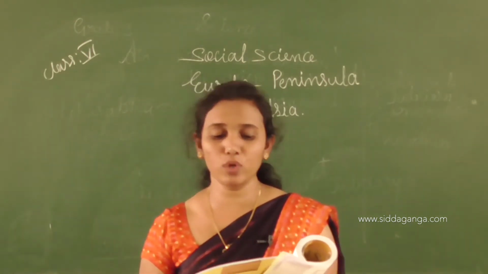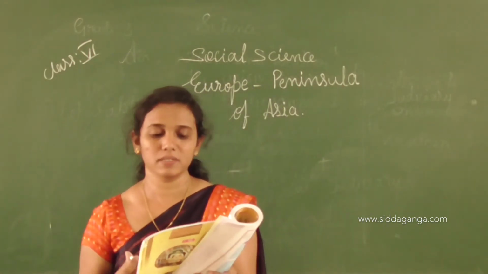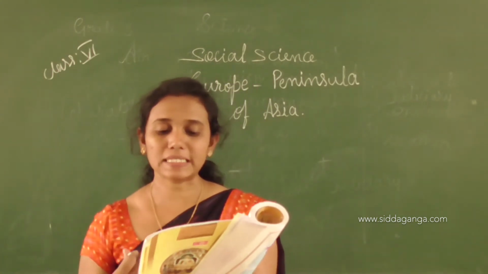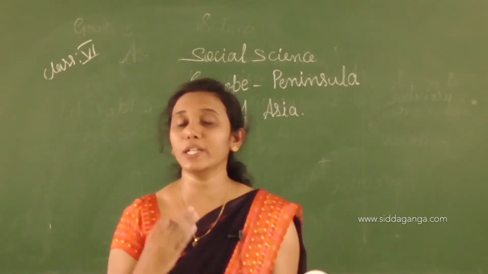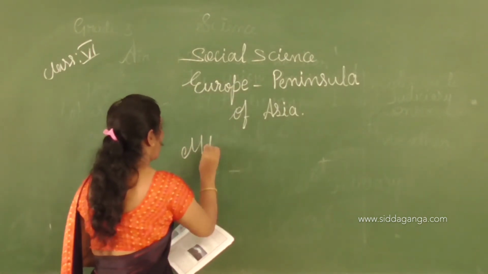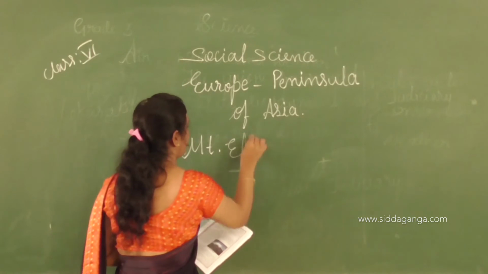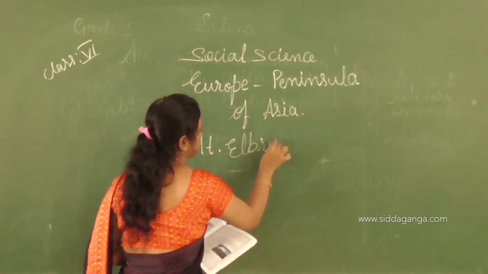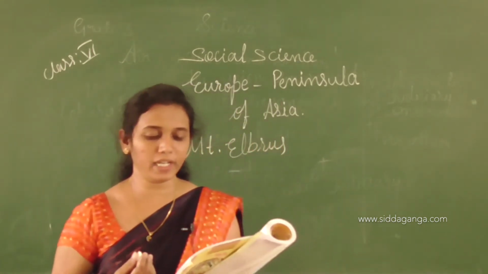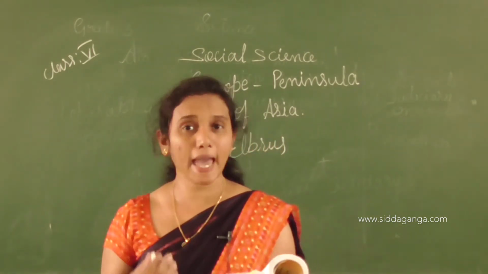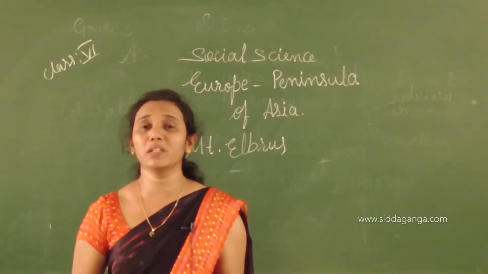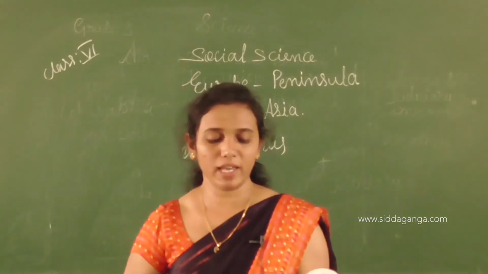The highest point of Europe is Mount Elbrus in the Caucasus Mountain. Understood? The lowest point of the continent is the shore of the Caspian Sea, which is 28 meters below sea level.